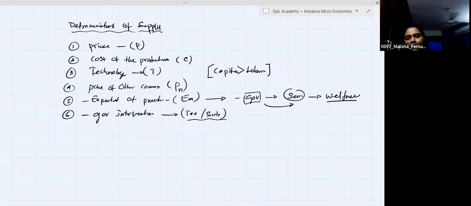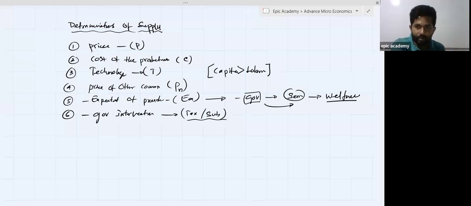Sometimes, according to your production, the government tries to pay. Okay. So sometimes there is a subsidy for each and every production in the country, any economy. If you are producing an essential product for the society, then you can get the subsidy from the government.